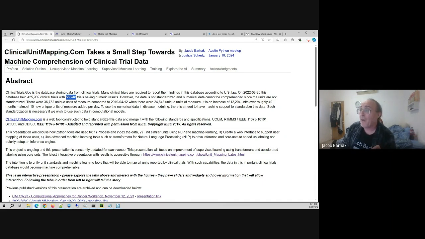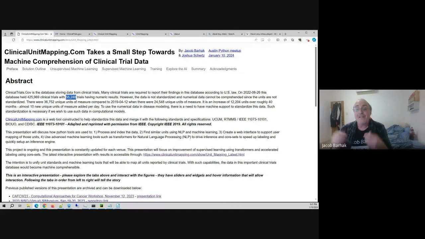Now, I actually counted from a few years before and took the average of how many new units of measure are added per day, just as a measure of how much variability or non-standardization there is. It's about 10 new units of measure per day on average. Think about it.